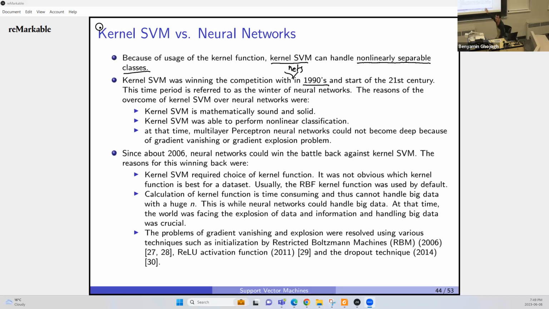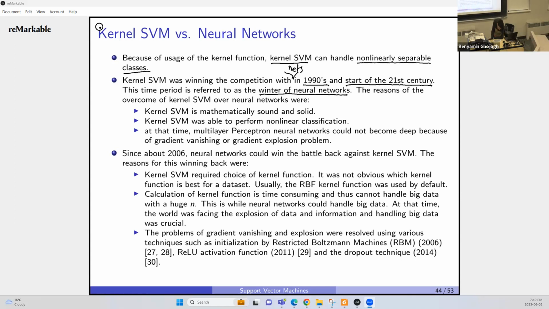Because it was developed in that time. And the start of the 21st century. You can see it's not very far away from us. This time period is referred to as the winter of neural networks. So because Vapnik et al. proposed kernel SVM, it caused a winter for neural networks. They were losing the competition.